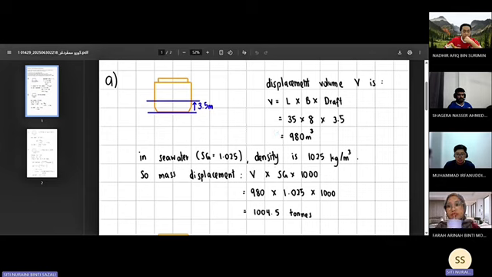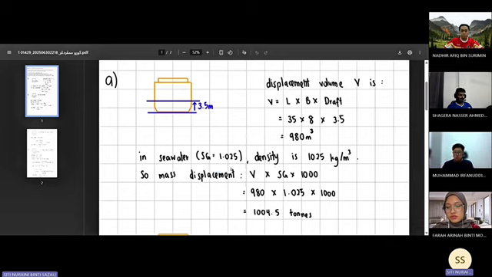So, given the current draft of 3.5 meter, the calculation for displacement volume is V equal to L times B times draft. L is 35 meter, B is 8 meter, and draft is 3.5 meter. We will get 980 meter cube. Now, to find the mass displacement, we use the formula V times SG times 1000.